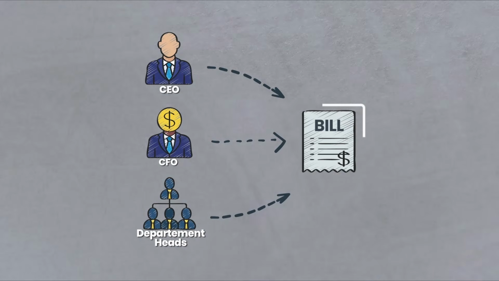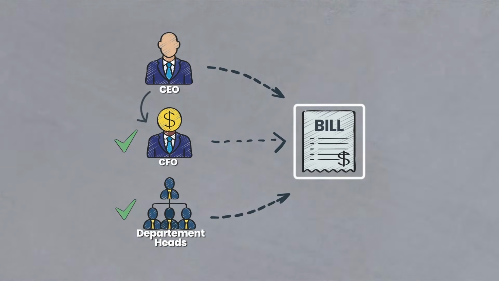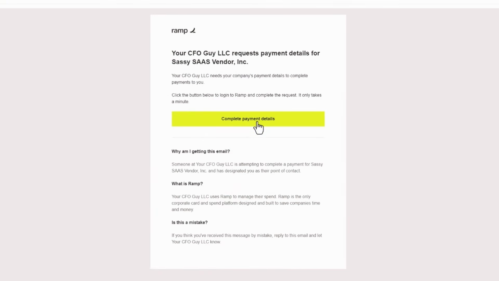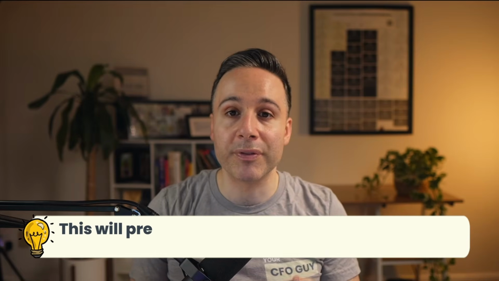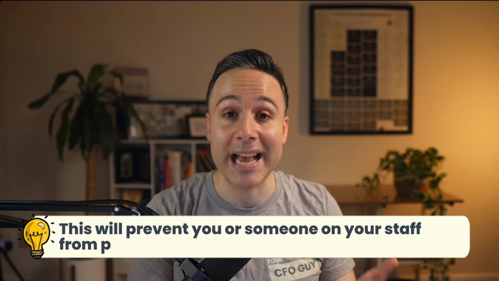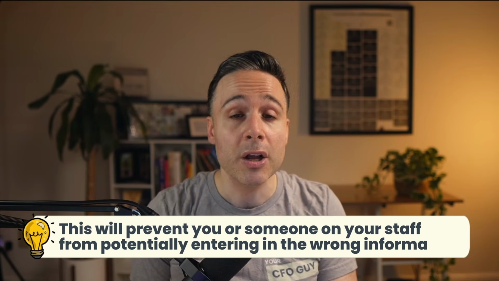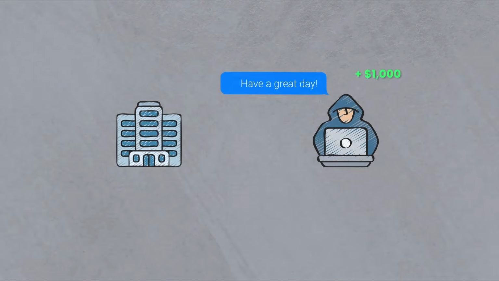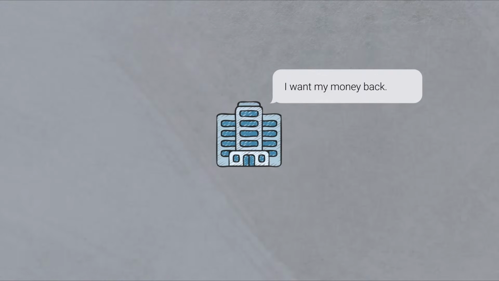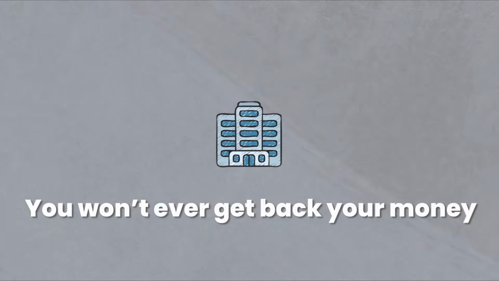Okay, so now that you have the bill, you've assigned it for review, and it's been approved, you can now invite your vendors to fill out their ACH or wiring details. Now, this is a great idea because it'll prevent you or someone on your staff from potentially entering in the wrong information. If you process a payment to the wrong person, it will be a nightmare to deal with, and there's a good chance you won't ever get back your money.